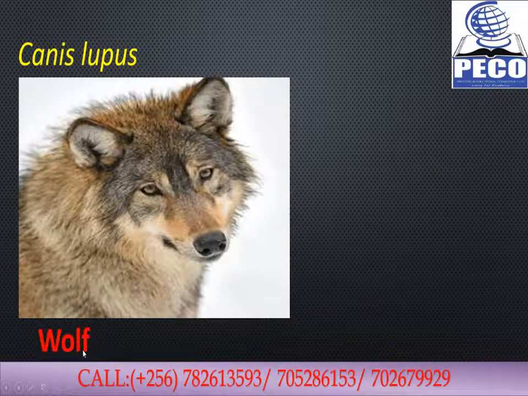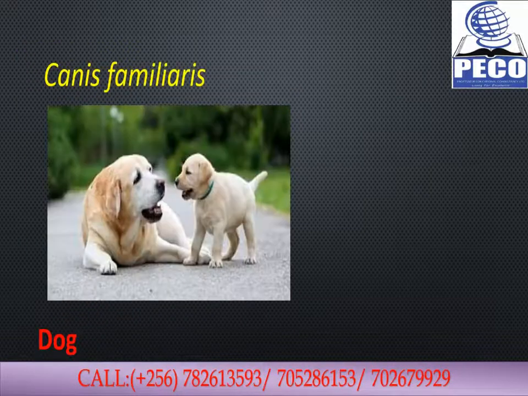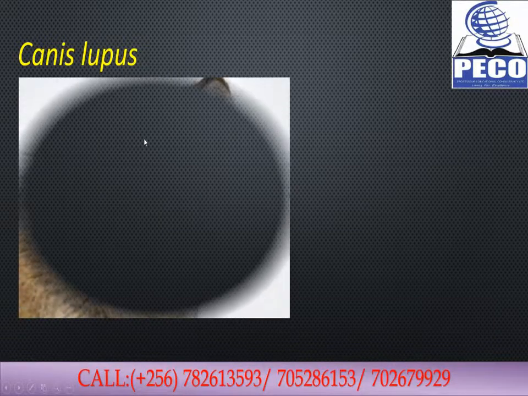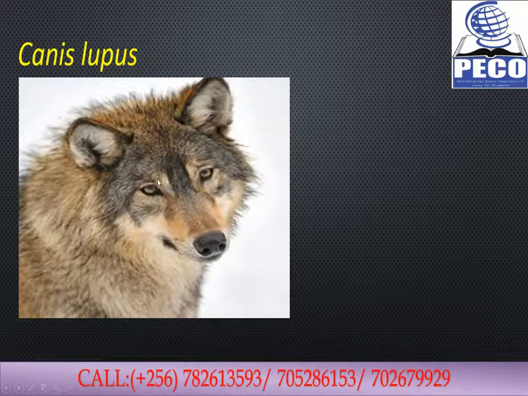This is what we call the wolf. So they are in the same genus, but the species is different. That means that externally they somehow look similar. Have you got what I've said? They look almost similar. But because the species name is different, somehow they differ. This is what we call a wolf.